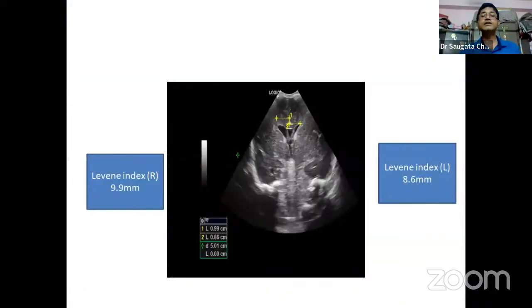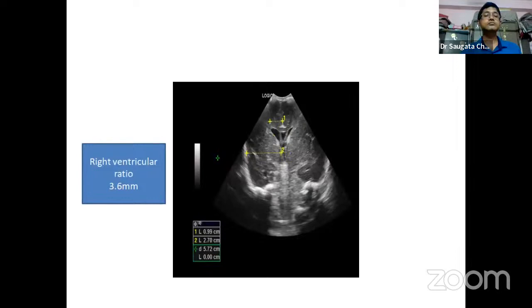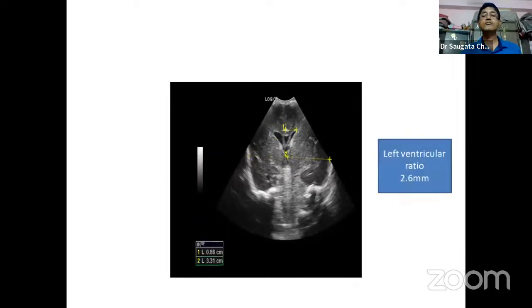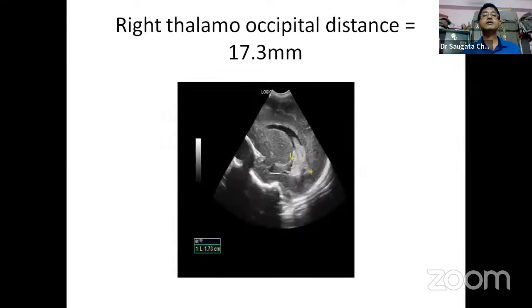This is called the Levene index, or ventricular width. This is the anterior horn width. Left ventricular ratio, third ventricle width. This is the thalamocortical index. This is another thing we measure.